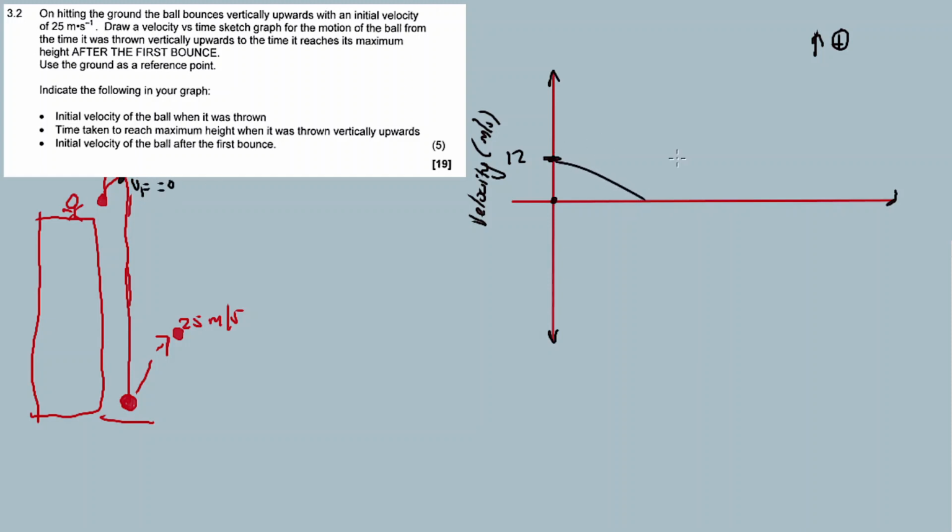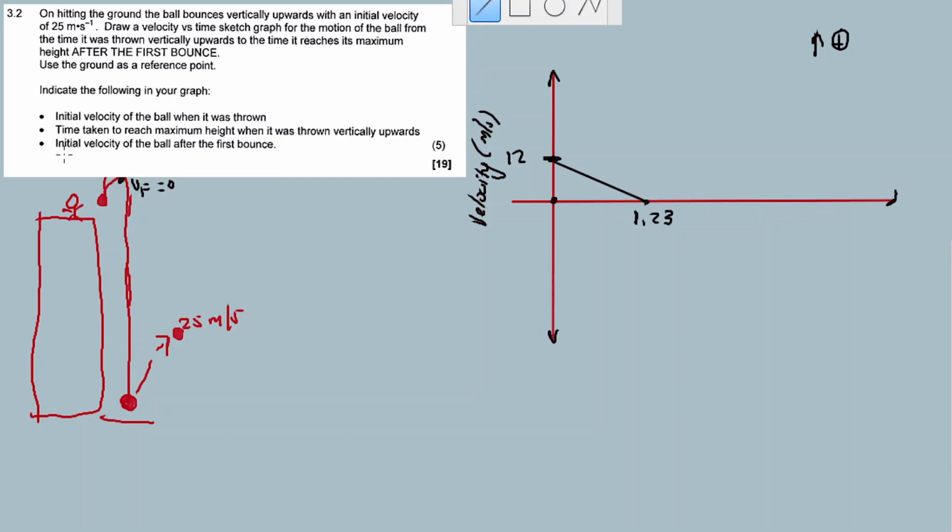So our velocity is 0. Then indicate the time taken to reach the maximum height when it was thrown vertically upwards. The time taken to reach this maximum height was 1,23. See, we calculated this one in the first question, right?